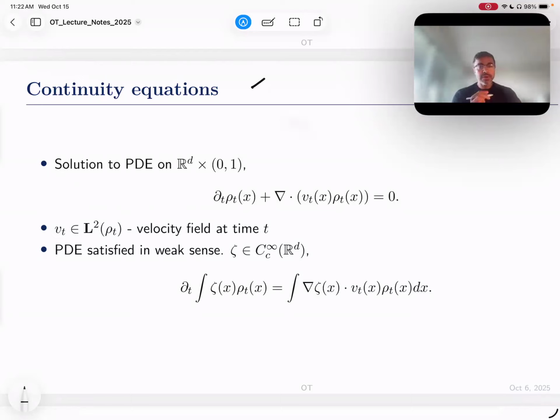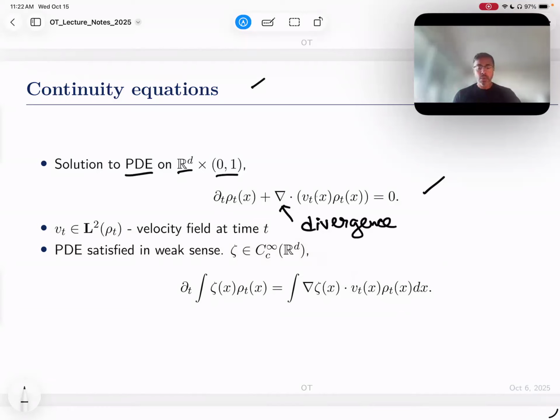So what are continuity equations? These are PDEs on R^d, which is my space, with time in [0, 1], and they satisfy the following PDE in the weak sense: del t rho t plus the divergence of V t rho t equals 0. This nabla dot is the divergence operator, which means that there's a vector-valued function inside; you apply the partial derivative to each of the coordinates and add them up.